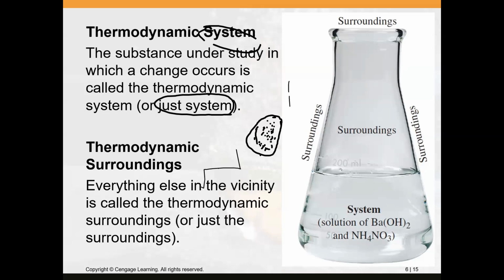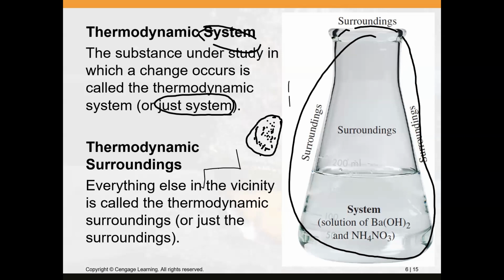For example, you can take the whole of this conical flask as a system. If you consider this conical flask as a system, anything outside the flask is considered a surrounding. If you consider your room as a system, anything outside your room is considered a surrounding.